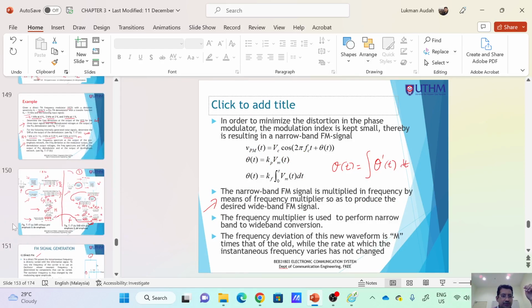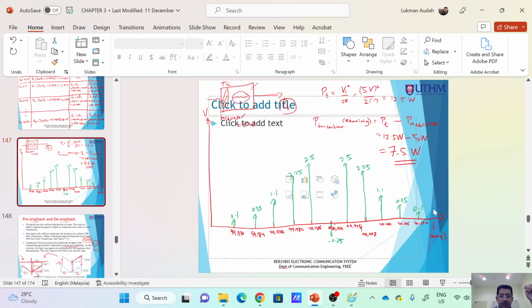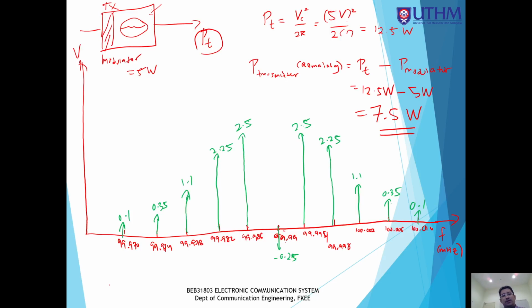So apa yang kamu buat adalah kamu akan ada transmitter dan kamu akan ada receiver lah.